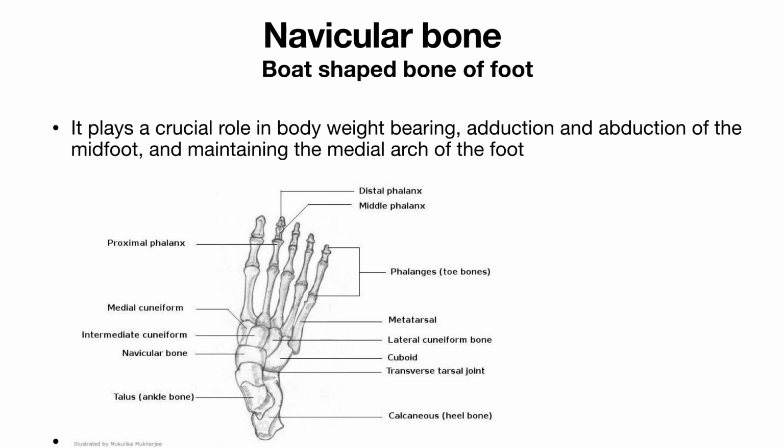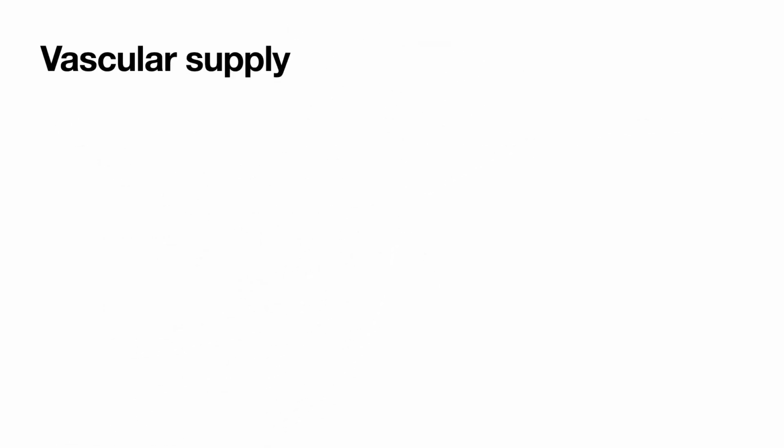Now again take a look at this diagram. You can see the navicular bone as a boat-shaped bone sandwiched between talus and calcaneum. Remember this thing: navicular is sandwiched between talus and calcaneum. Now coming to the vascular supply.